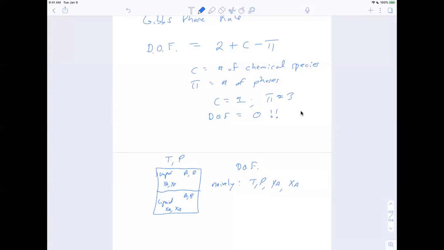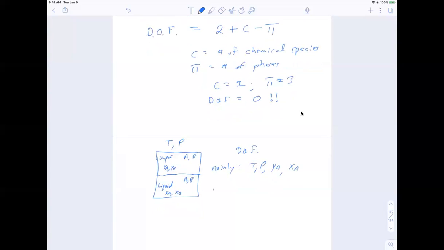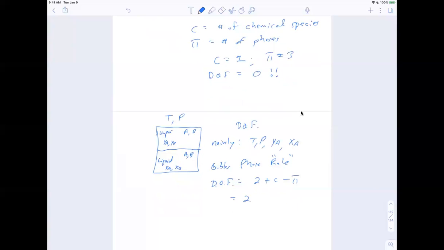But if we seek recourse in our Gibbs phase rule, which tells us that the degrees of freedom for a system like this is 2 plus C minus pi, C is equal to 2 because we have a binary system, and pi is 2 because we have two phases, the liquid and vapor. And that tells us 2 plus 2 minus 2 is equal to 2.